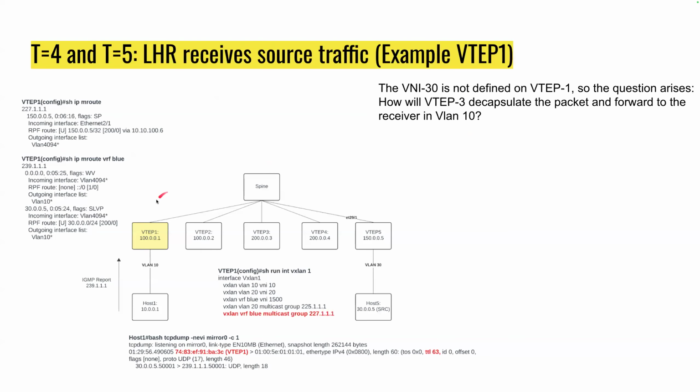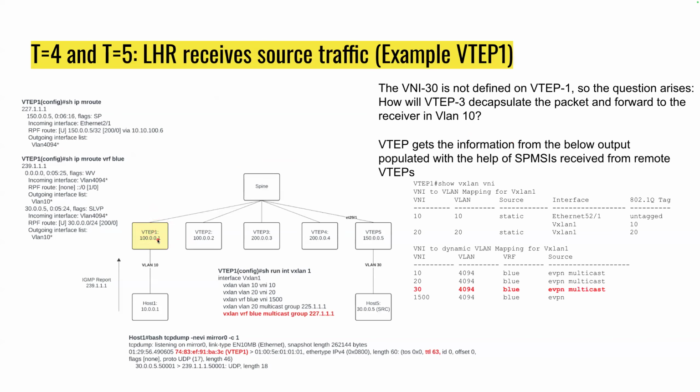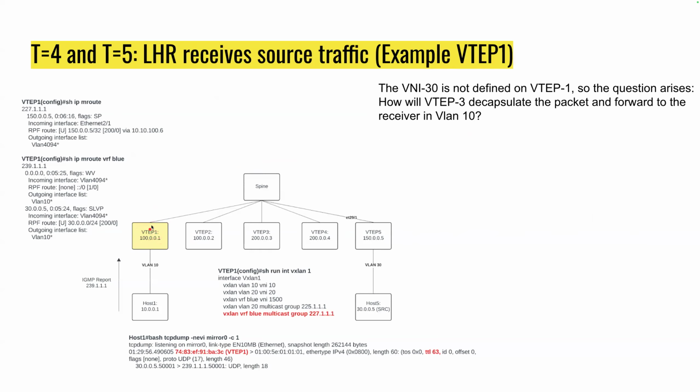How would VTEP 1 understand VNI 30? So VTEP 1 is receiving the feed encapsulated with VNI 30. And if you remember, on VTEP 1, we do not have VNI 30 present at all. But we are seeing that the end receiver is getting the feed. So how is that happening?